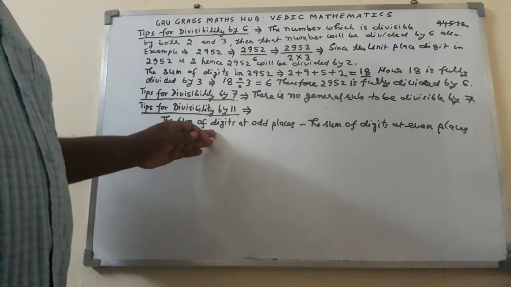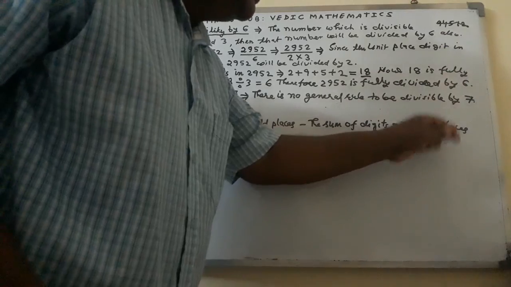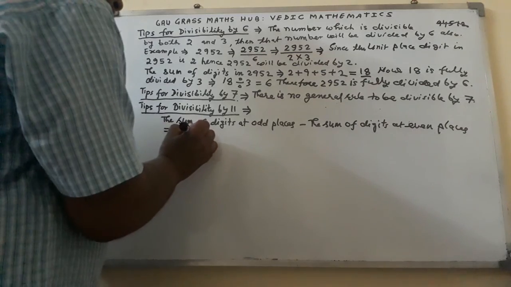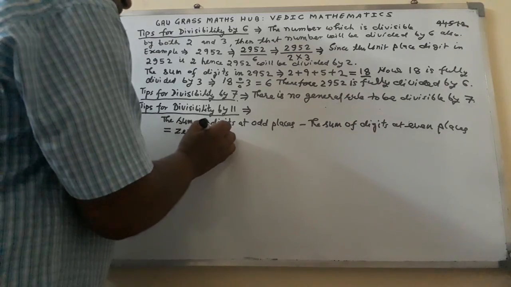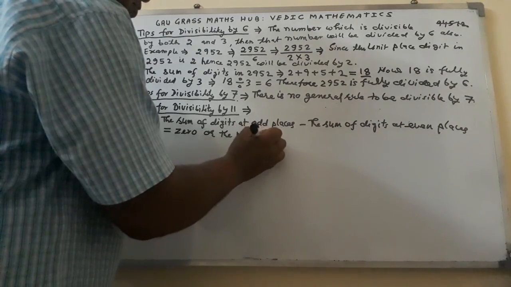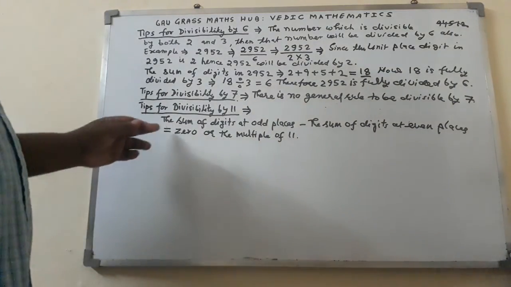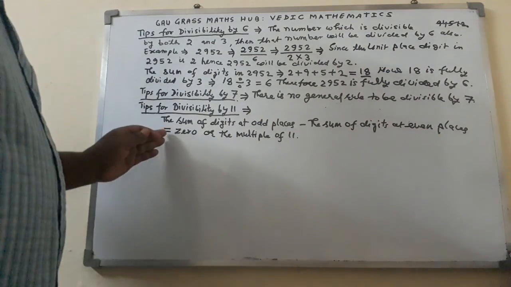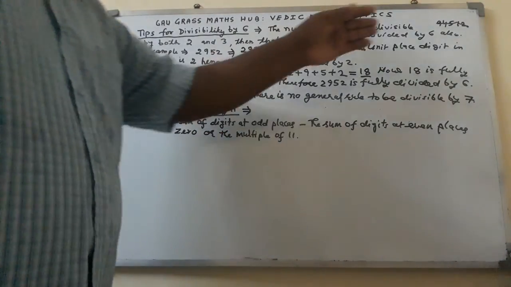If the sum of digits at odd places minus the sum of digits at even places equals 0, then the number is a multiple of 11. This is the formula we must remember. Now let us take an example here.